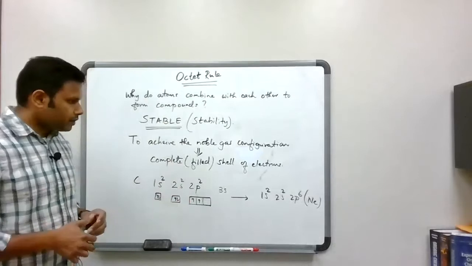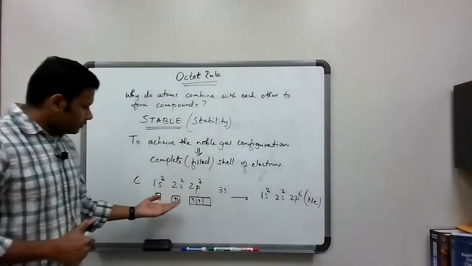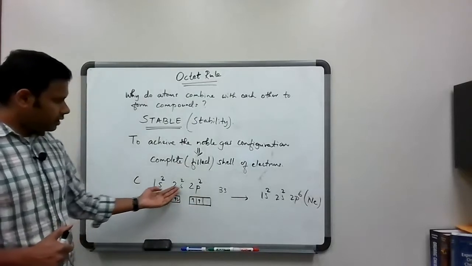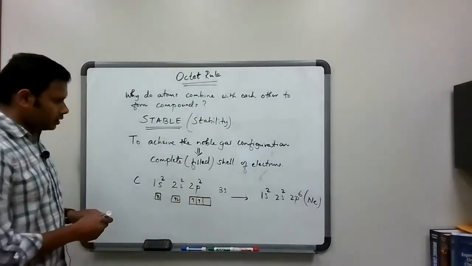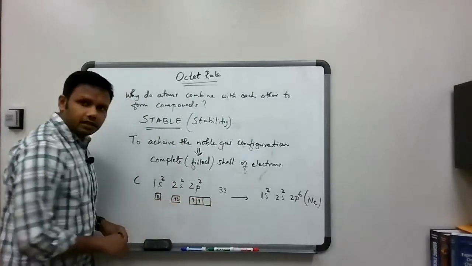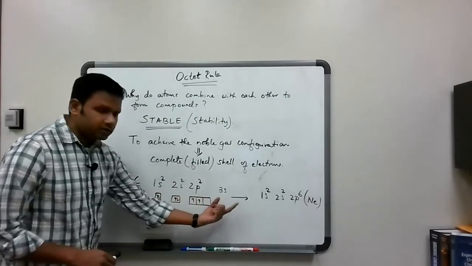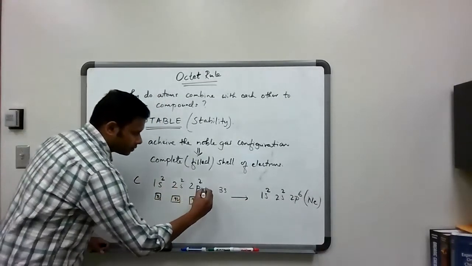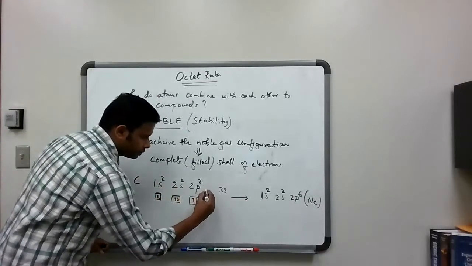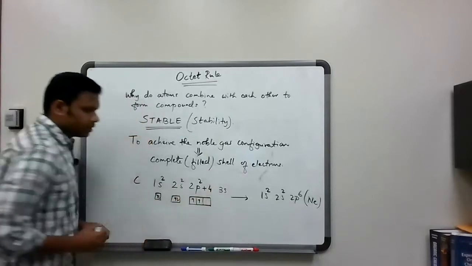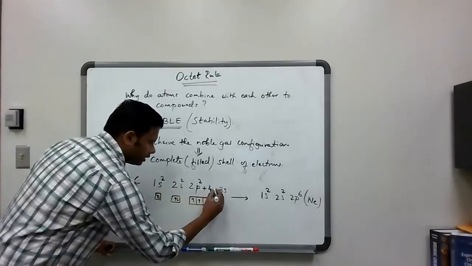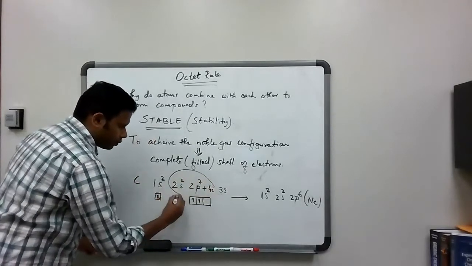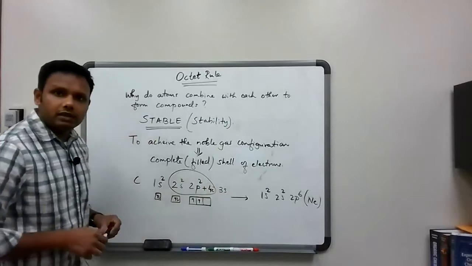We'll talk about it. So now if you look for something like carbon, when it becomes stable, or when it completes its noble gas configuration, its valence shell, so it can take 2p2 and plus it can add 4 more electrons. So the valence shell now would have a total of 8 electrons.